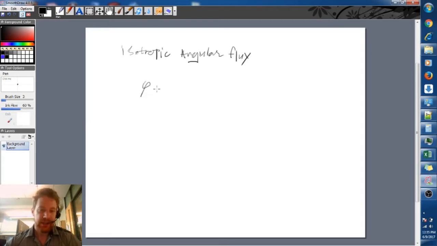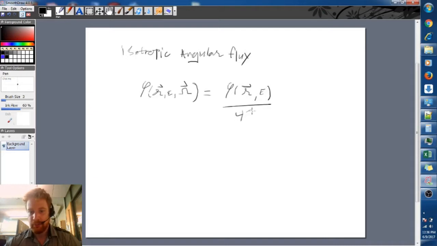the angular flux phi of r, E, omega, the steady state, omitting time. The steady state angular flux, this term here, is equal to the energy dependent flux phi of r, E, divided by 4 pi.